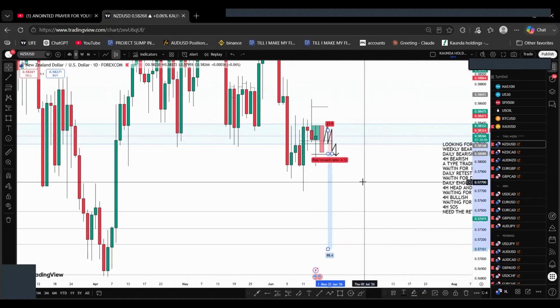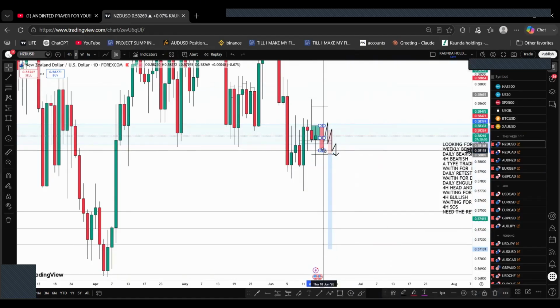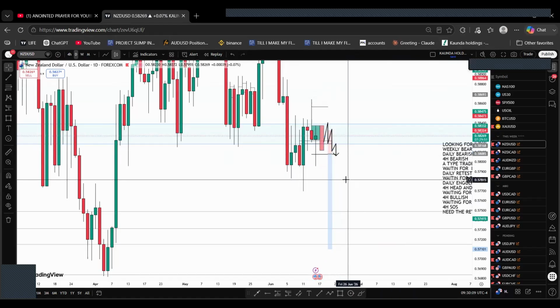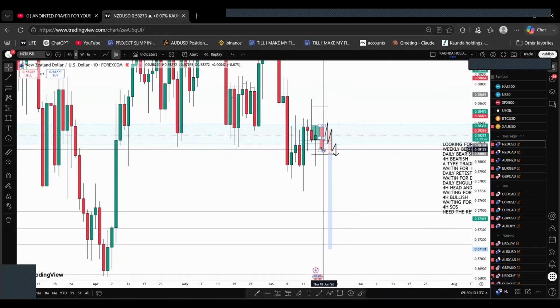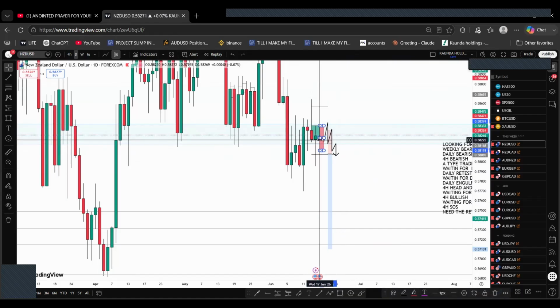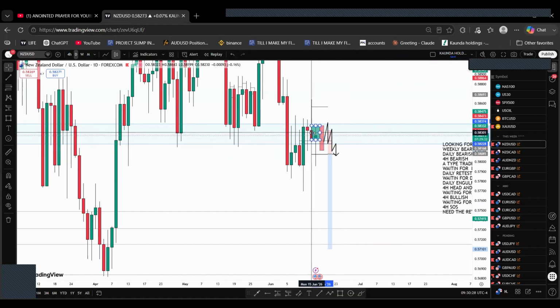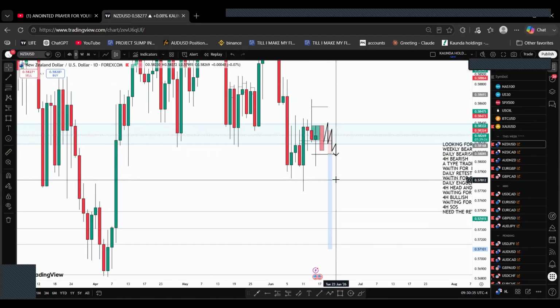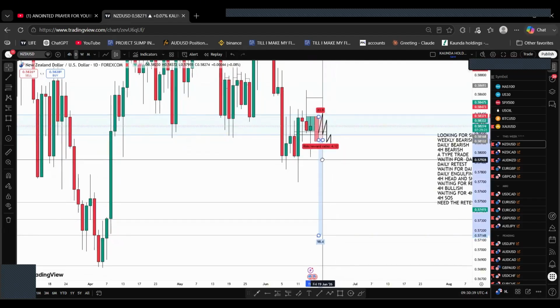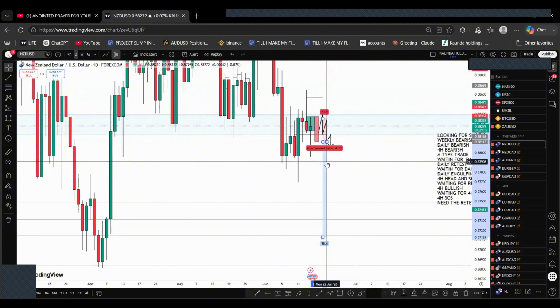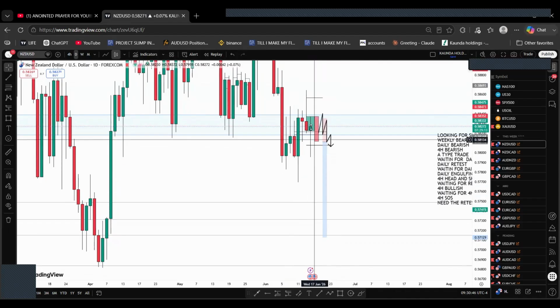So when we get this sale, this means that at least this daily candle, so it's a very different game.